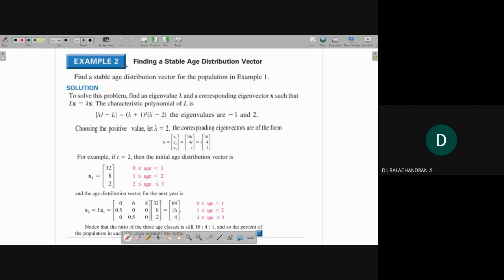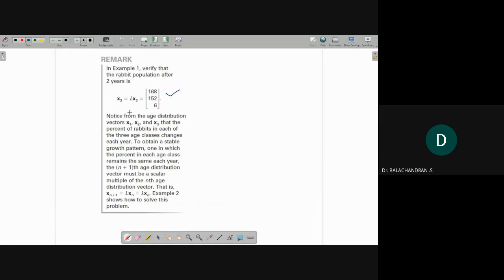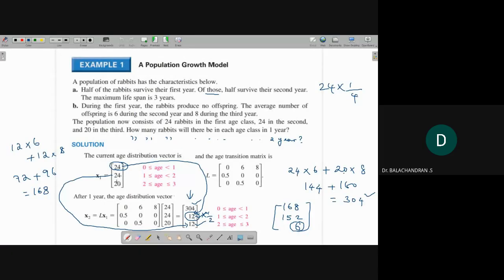Before going into the examples, I want to discuss with you the previous problem, the one we just discussed. That is example 1. Here, what is x1? This is x1: 24, 24, 20. x2 is 304, 12, 12.